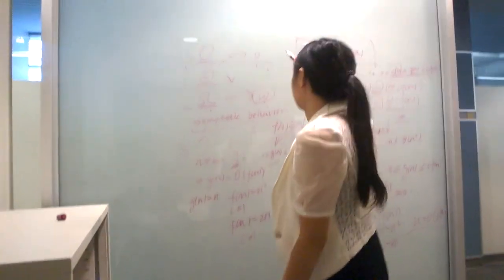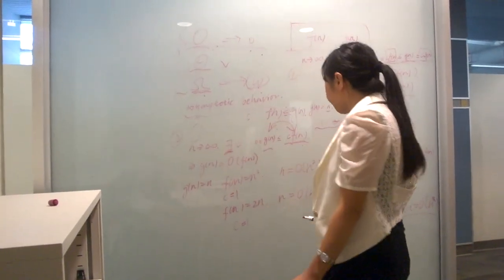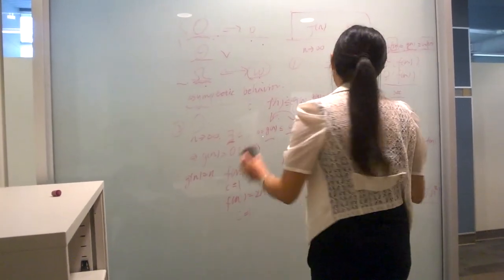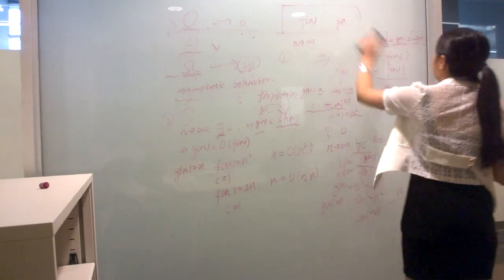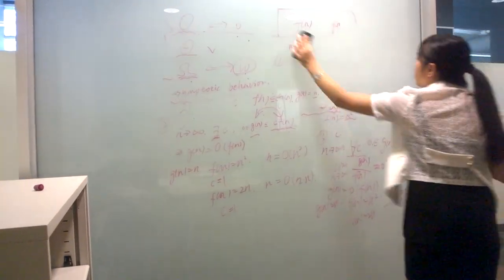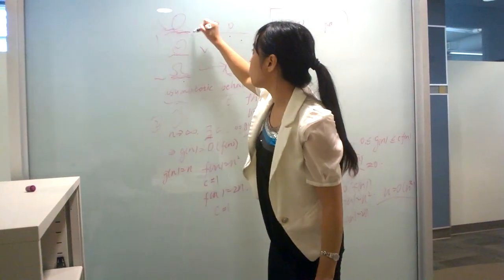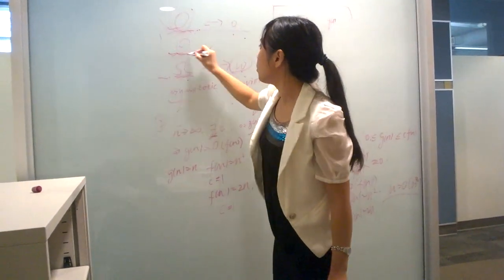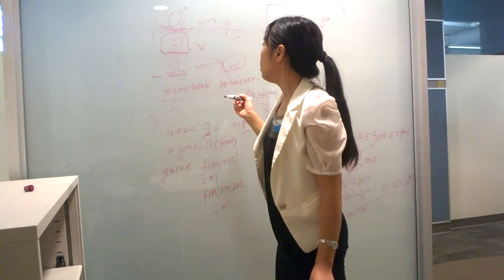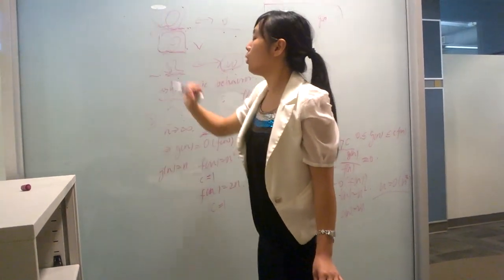Okay, so this is from a mathematical view, and we'll see another small example from computer science. In computer science, we usually use the big O the most, and sometimes we also use the big theta. But this is for the upper bound.